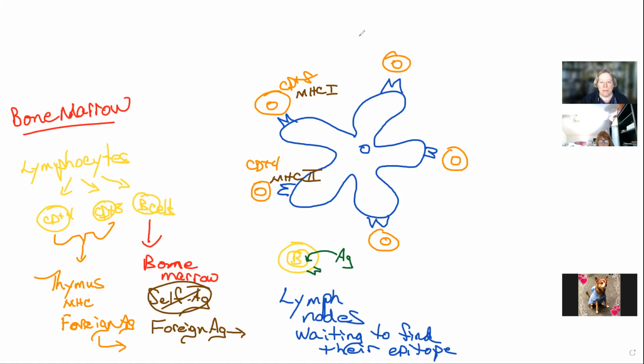Okay, so my CD+4s would be looking to verify that the antigen being displayed by B cells is also foreign, and that would be displayed on MHC2s. Okay. All right, how are we doing so far? I know that's really quick.